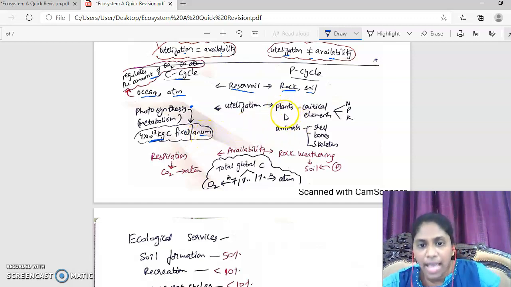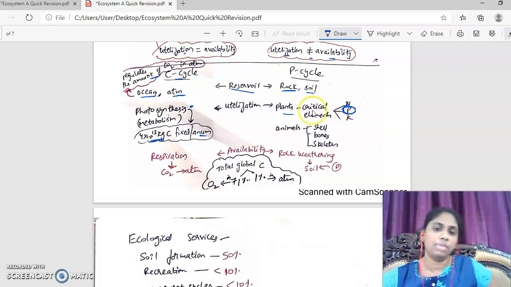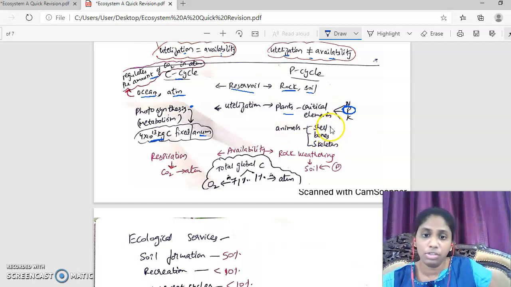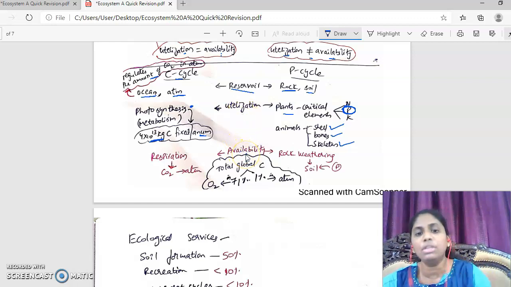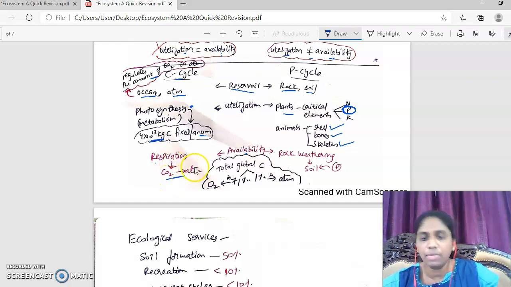On the other hand, plants utilize phosphorus because phosphorus is one of the critical elements along with nitrogen and potassium. Animals use phosphorus to make their shell, bone, skeleton. Now availability: utilization is done, and availability is back to the reservoir. We respire and release carbon dioxide back into the atmosphere.